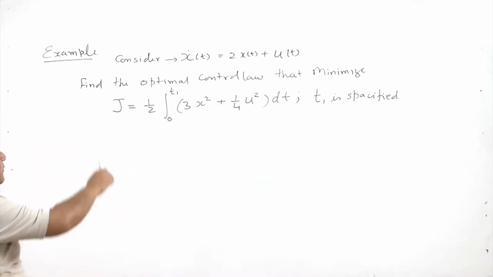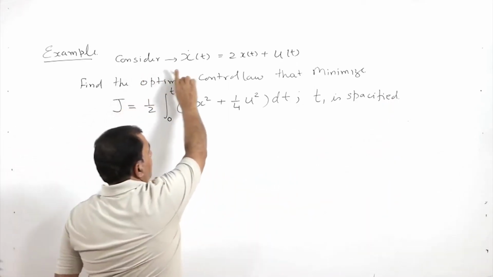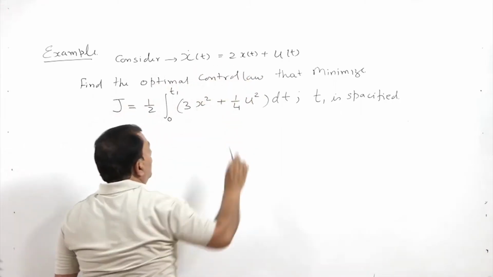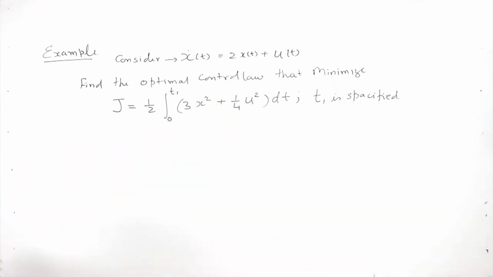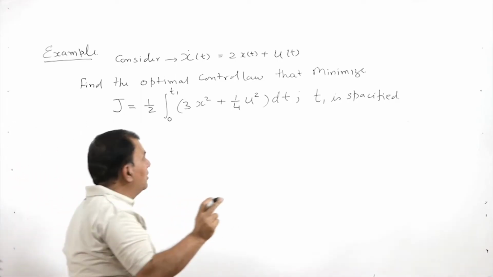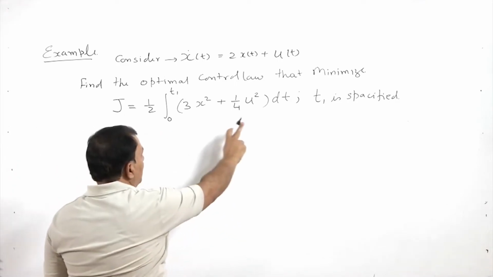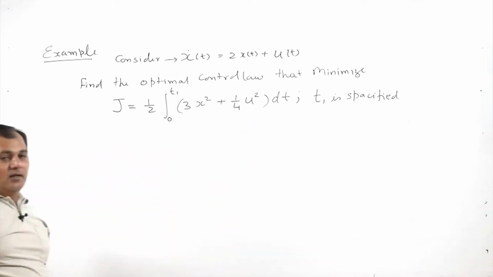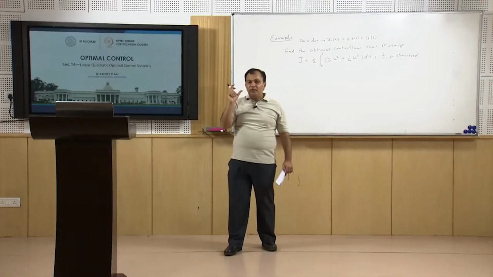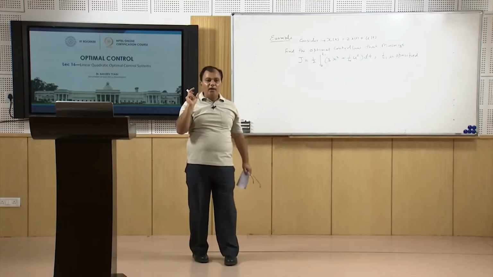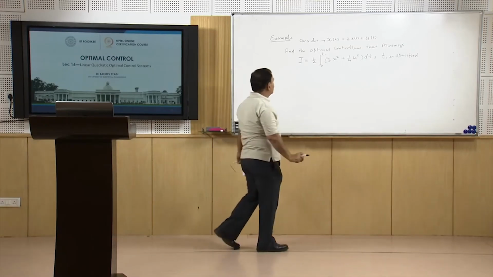So, my problem is for a first order system we have taken x dot as 2x plus u, we have to obtain the optimal control law which minimizes my performance index given here in a specified time t1. So, t1 is specified in this case.